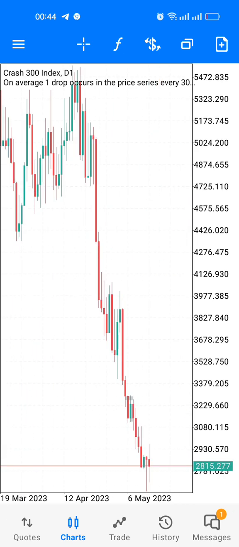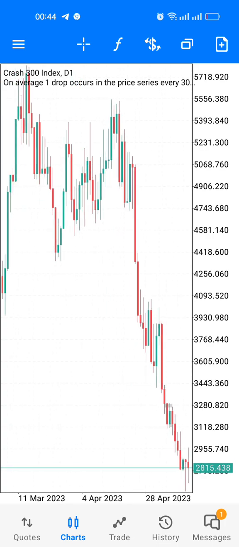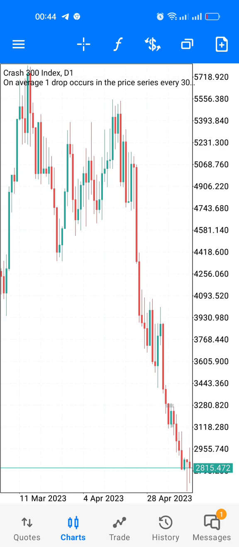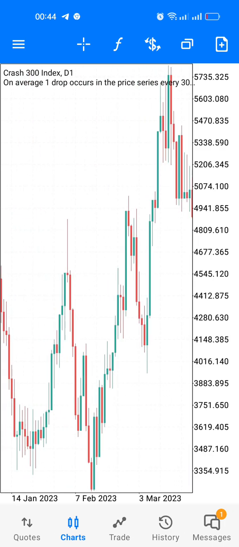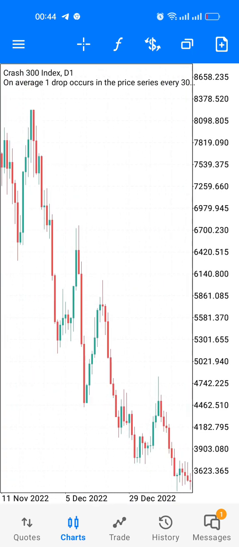Let's say we want to check another setup for base sell or base buy, it doesn't matter. There are many of them here. I can see many.